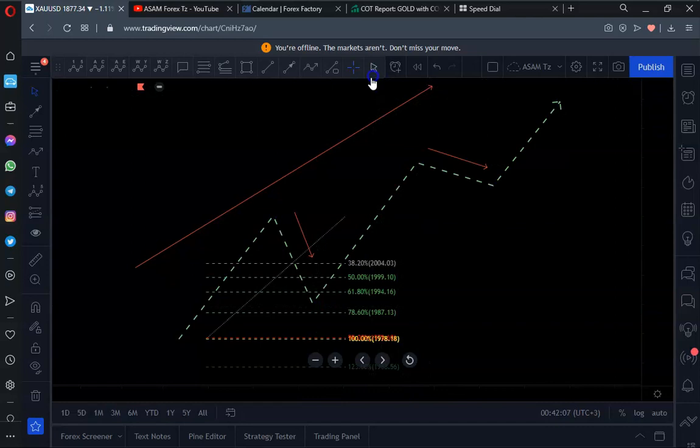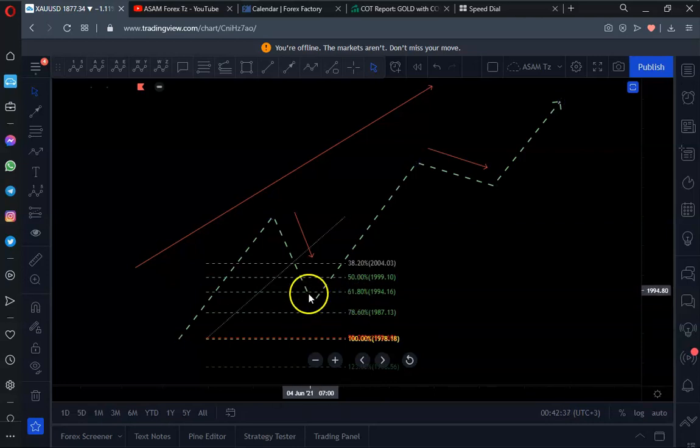Now we said that a retracement can be 23%, 50%, 61.8, 78. In this example, our retracement is between 61.8 and 78, or it can be maybe 61 if there are wicks there.